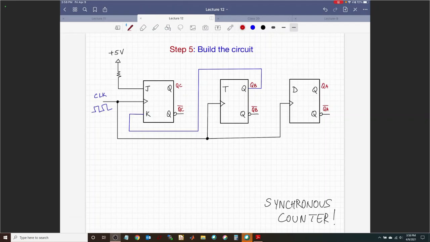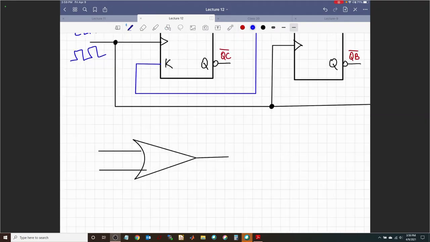I will just draw an OR gate. QB complement, QC complement.